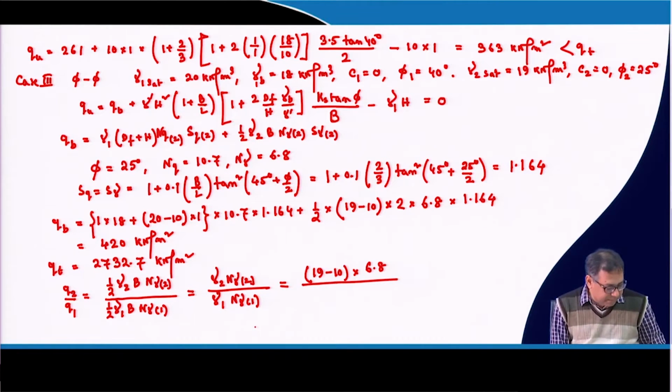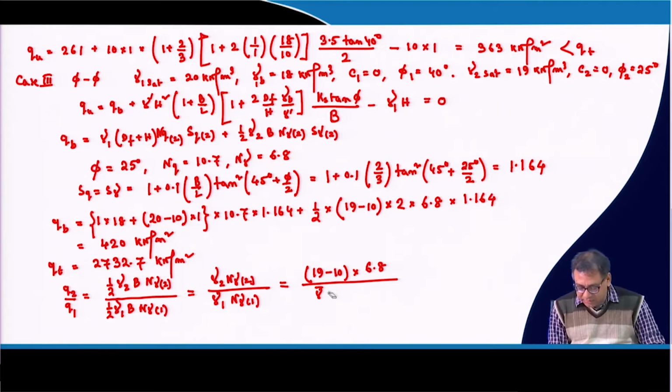And then gamma 1, again I will take gamma dash, because like in case 2, the water table position has not changed. So, I will take gamma bar, which is equal to 14.